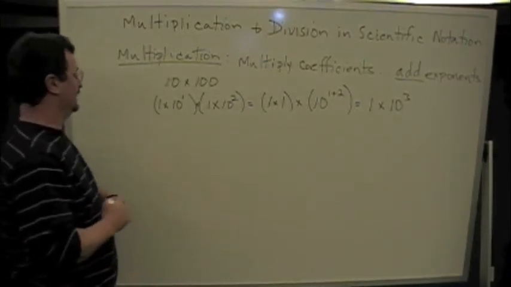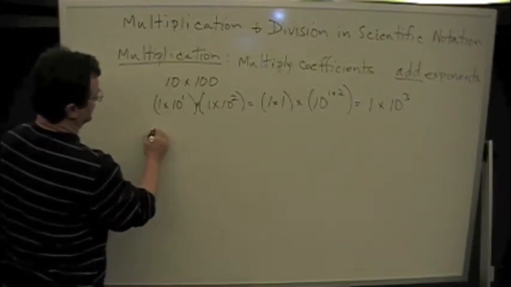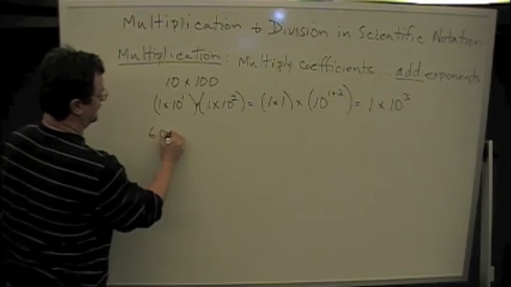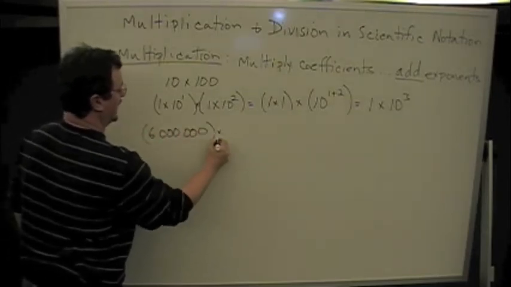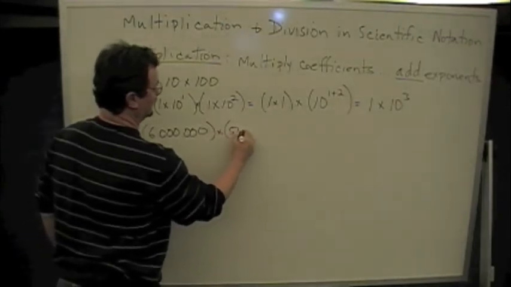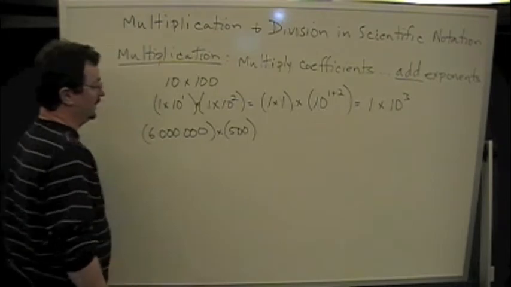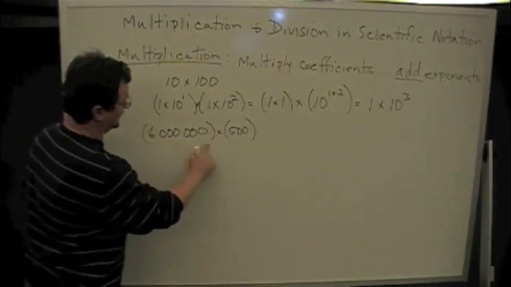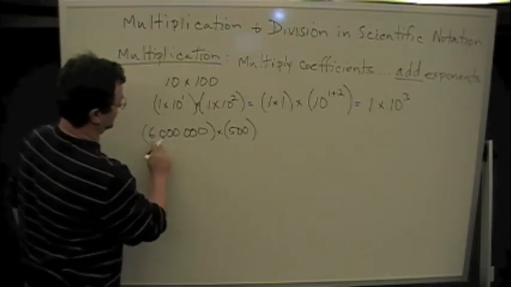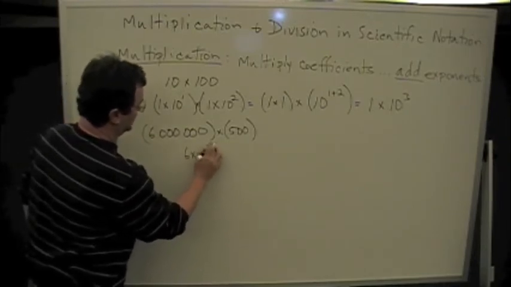Let's say we wanted to multiply 6 million times 500. So what would be 6 million times 500? Well, again, in scientific notation, this is extremely simple. All you have to do is convert both of these to scientific notation. 6 million would be 6 times 10 to the 6th.